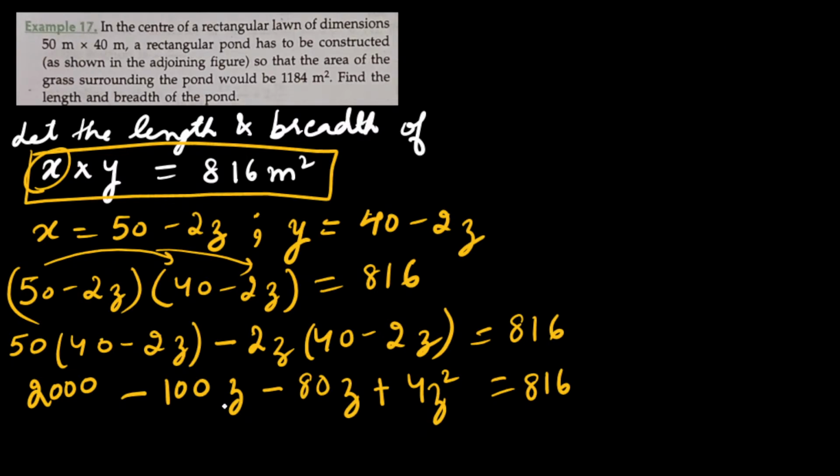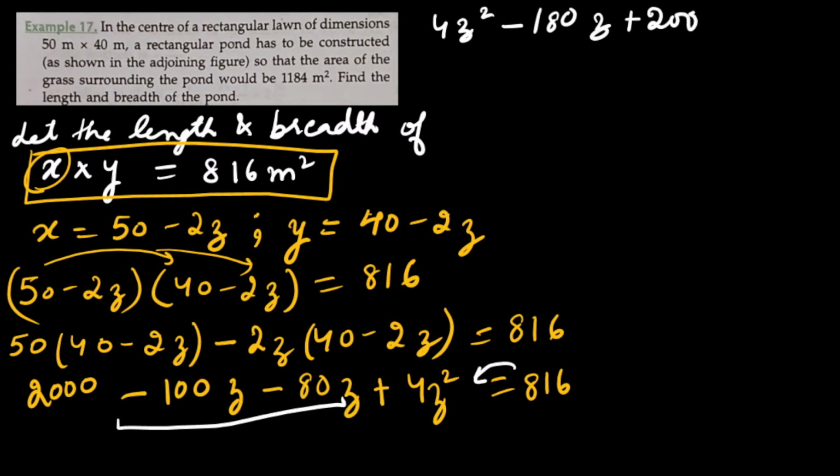Now like terms we can simplify. Let's shift 816 also to this side. First of all, I am going to write 4Z square at the start. Then these two are like terms, so minus minus plus, minus minus is plus with a minus sign. So this will become minus 180Z. Here I have positive 2000 already, and this 816 I'm bringing to this side, so it is becoming negative 816.